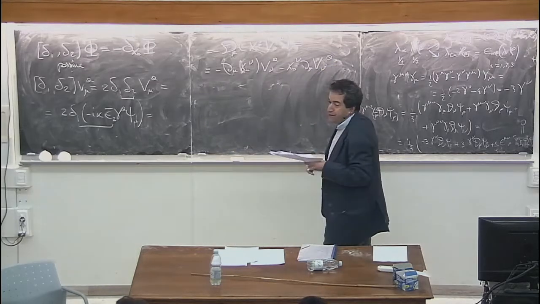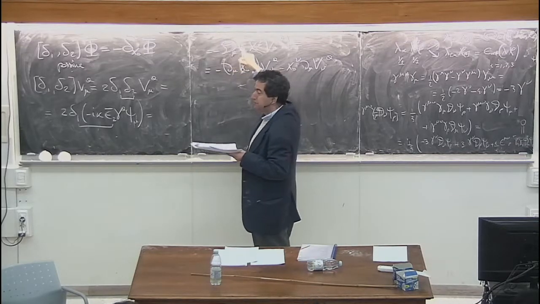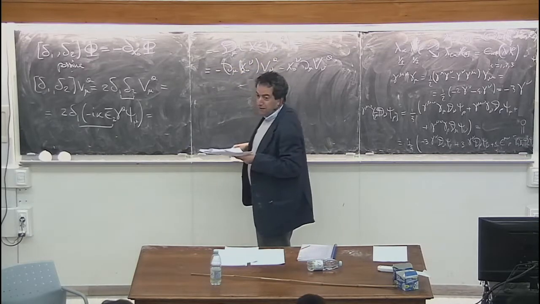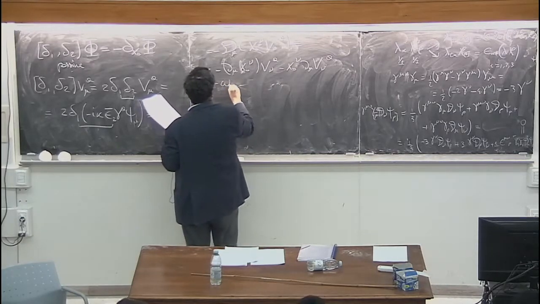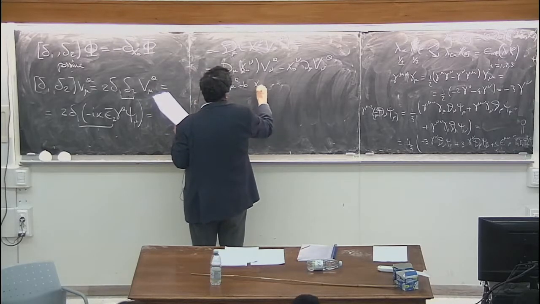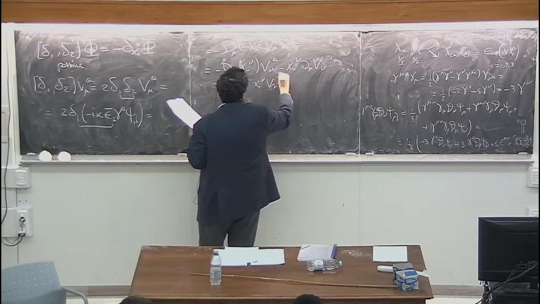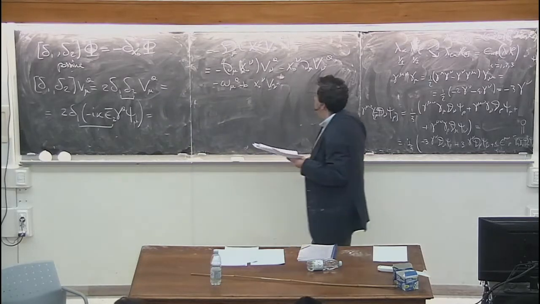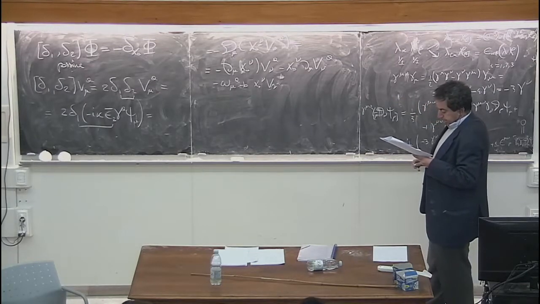Then there is the connection part. This has a spin connection acting on this a. So we have minus omega mu ab x naught nu V nu b.